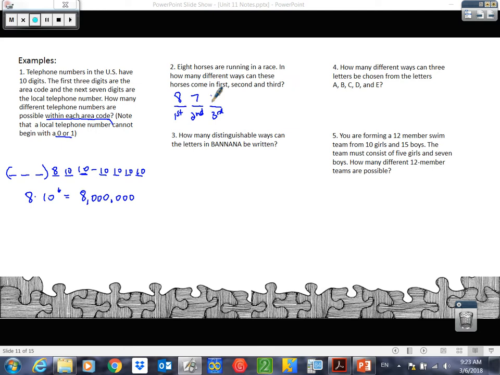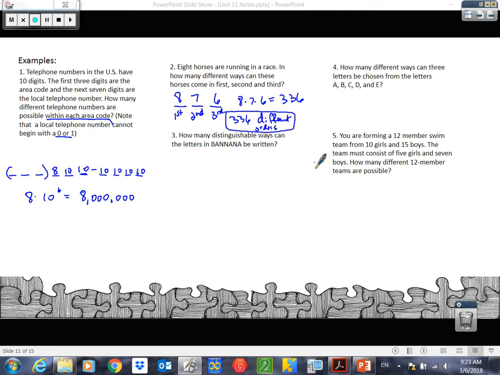Then one of them finishes as second place, so now I only have 6 horses left. So I multiply 8 times 7 times 6, and that's going to give me 336. So there are 336 different orders that race could happen in.